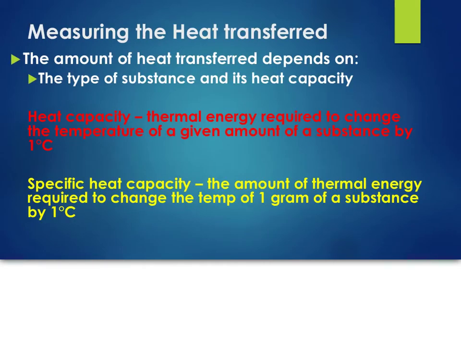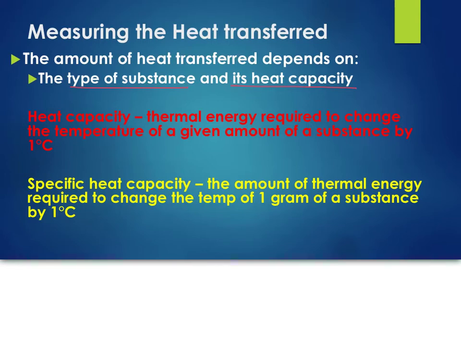When measuring the amount of heat transferred, we need to know two things: the substance and its heat capacity. But what does that mean? Each substance will have a different heat capacity. The heat capacity is how much energy is required to change the temperature of a given amount of a substance by 1 degree Celsius.